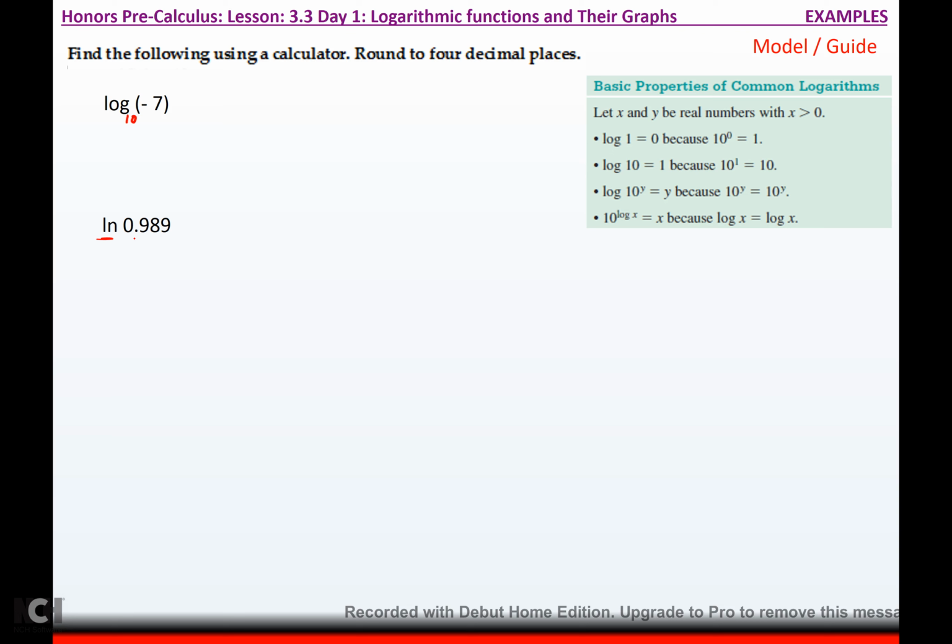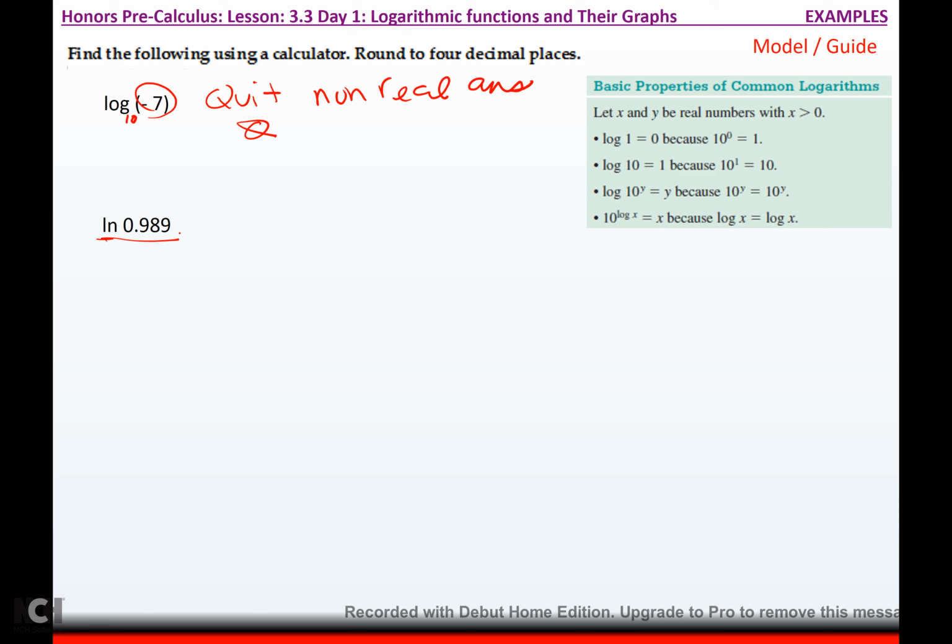Alright, so you literally find your log key, which is right next to your 7 key. And so you type in log of negative 7, and it says non-real answer, and that's because you can't log a negative. So this would be no solution.